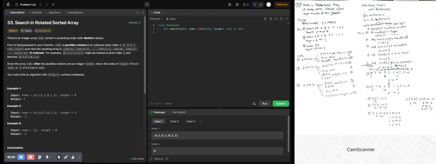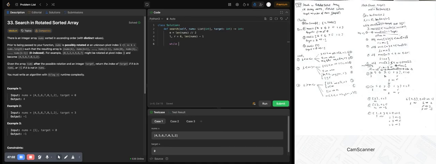Let me try to put it into our LeetCode solutions. So here we have mid equals length of nums divided by 2. Then we have left and right initialized to 0 and length of nums minus 1.